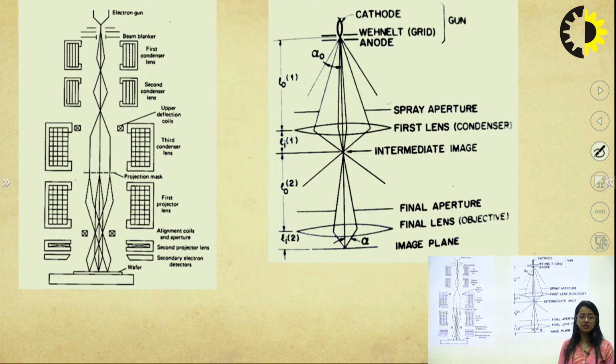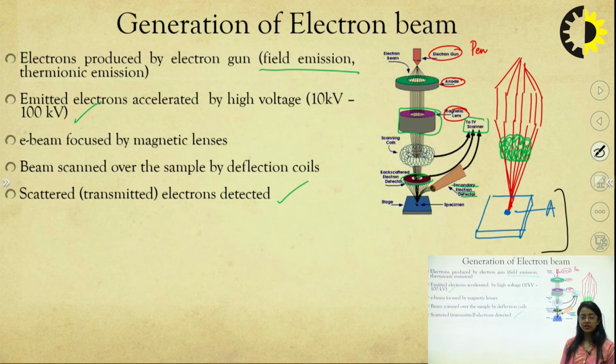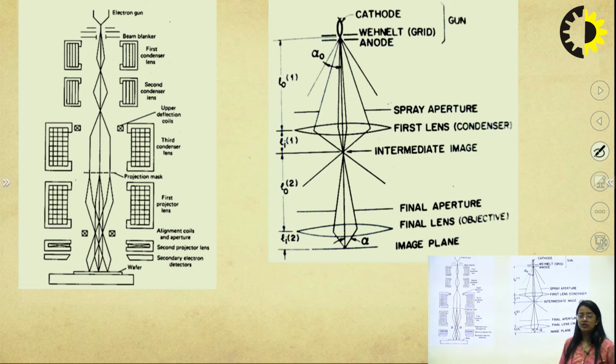Now in this diagram we again have a pictorial representation of the projection system. In the previous diagram we showed how the anodic plate is helping us. Here we have a cathode at the top, and then using the grid we are allowing the electron beam to disperse through, and after the dispersion we have an anode here.